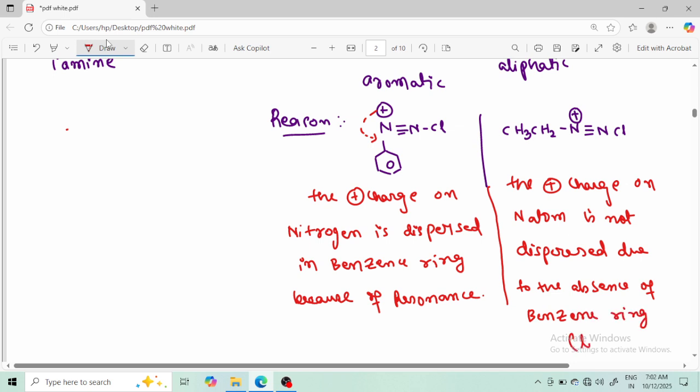That's why this is less stable, and comparatively aromatic diazonium salt is more stable.